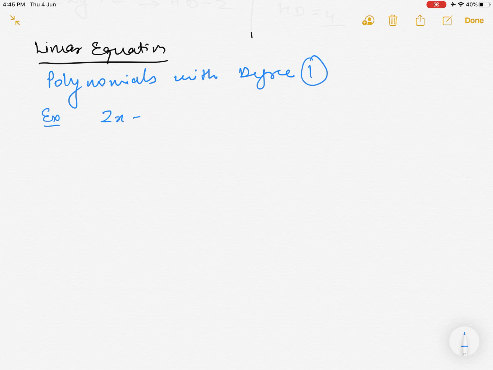So linear equations are described as polynomials with degree 1. For example, let's say I'm writing an equation like 2x + 3. Now if I ask you what the highest degree of the equation is, you'll say the independent variable x, its power is 1, so highest degree is 1. So this can be treated as a linear equation.